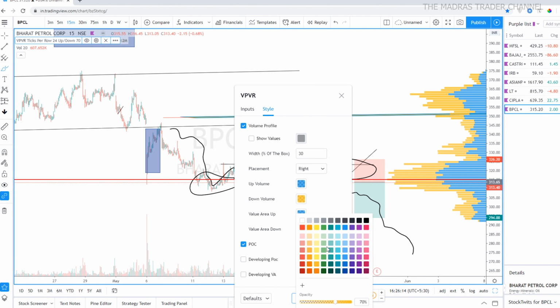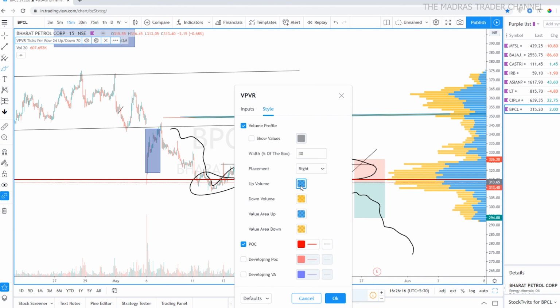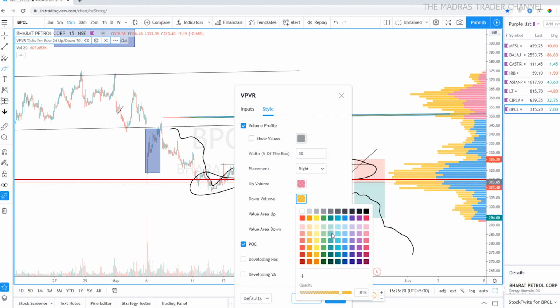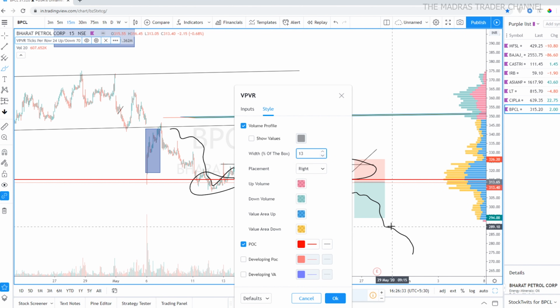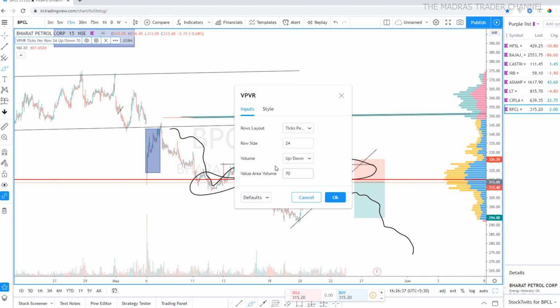I think I have already increased that, and also change this color so that you know the difference between the value area and the regular area, any color is fine, it's up to you. And if you think this is too huge, you can just decrease it so that it looks small. It's up to you. And I think that is all.